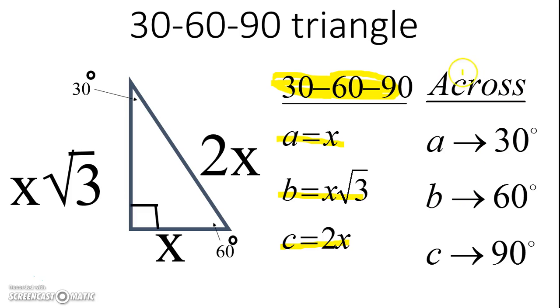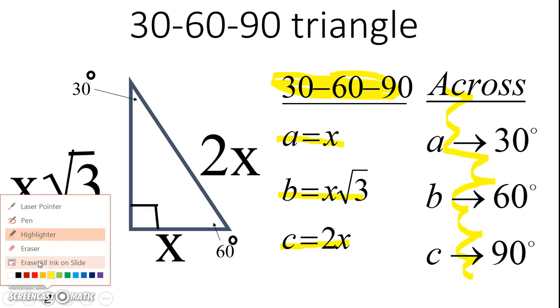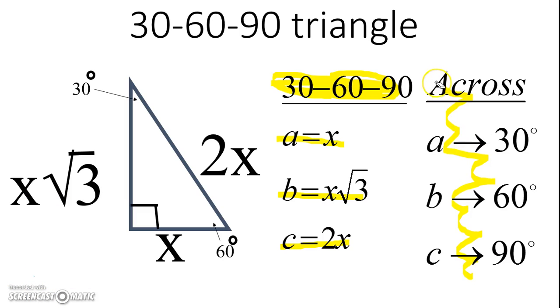That's why I have this information here. Okay? Because A is always across from 30 degrees, B is always across from 60 degrees, and C is always across from 90. So again, you're going to write this formula down, and then you're going to plug in.